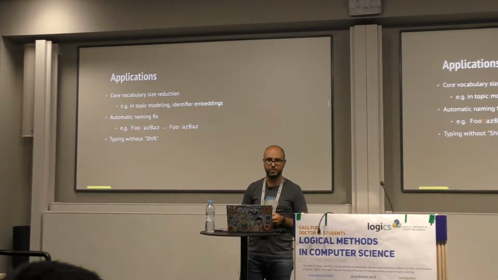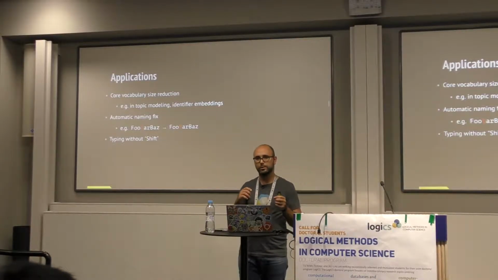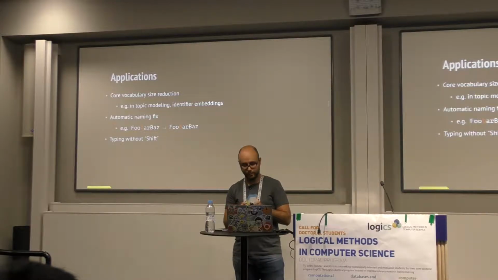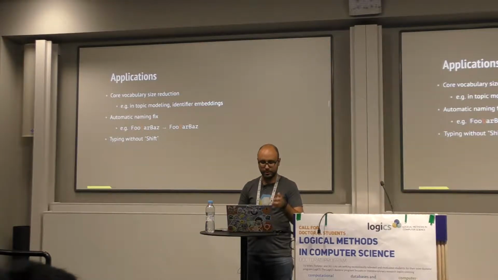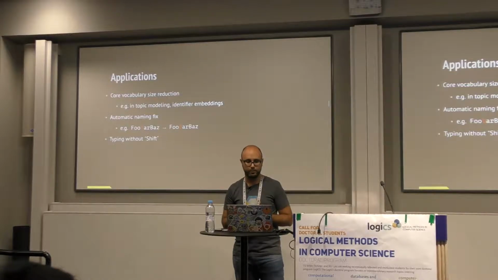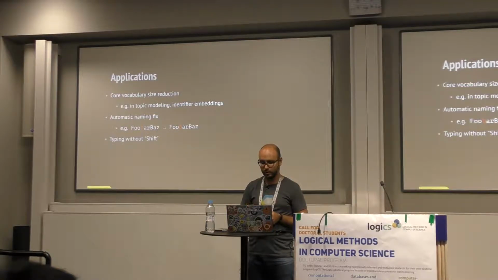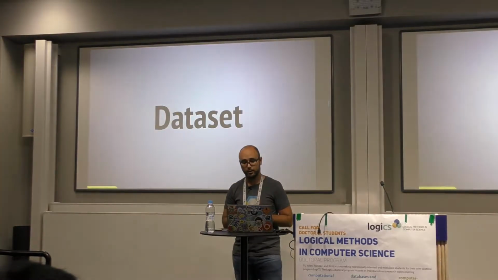Imagine that you missed a shift button and the letter will be automatically capital. Or you can just forget about shift and just type as you type, and your naming convention will be automatically applied. It's just an idea. I mean, the third one, we never implemented it, but it's still possible, I guess.